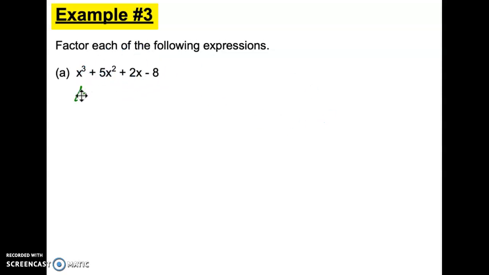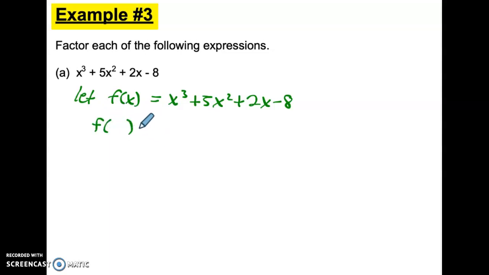So what I'm going to do is I'm going to let f of x equal x cubed plus 5x squared plus 2x minus 8. And we need to find f of something equals 0. So what you're really going to do is plug in values and find something that makes it 0.